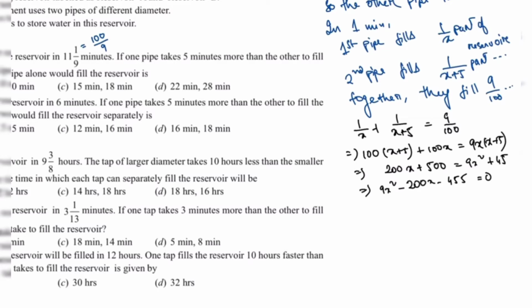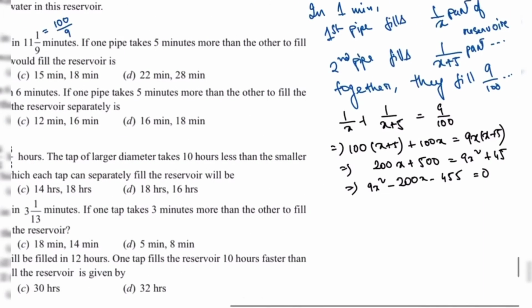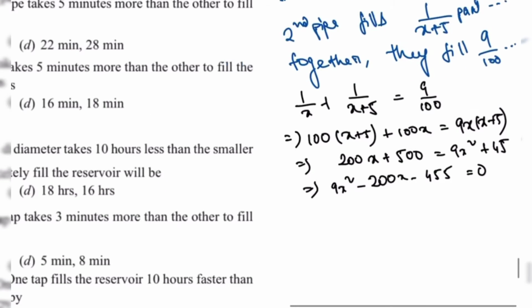Okay, all right. 100 by 9. So in 1 minute, they together fill 9 by 100. First pipe fills, okay, 5 minutes more. All right. So I guess 9x squared plus, yes, it should be 45x.